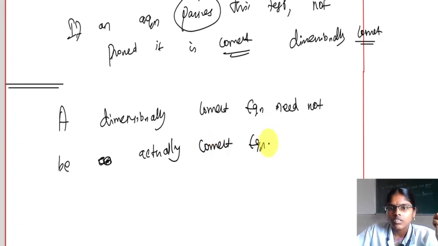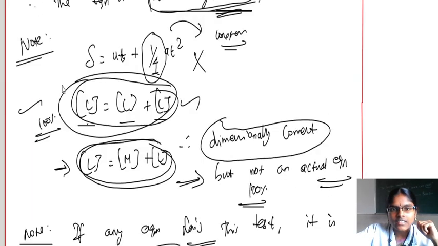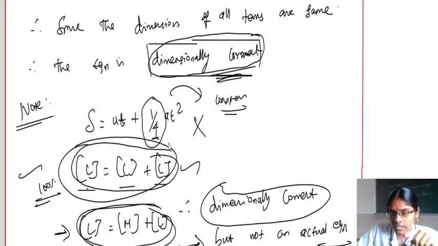Like how we proved here, S is equal to ut plus 1 by 4 at square. This equation is dimensionally correct, but it is not the actual equation. So a dimensionally correct equation need not be an actual equation.